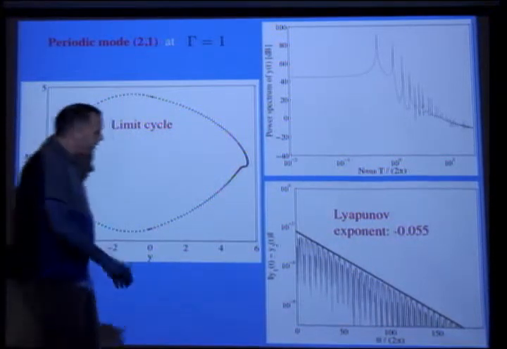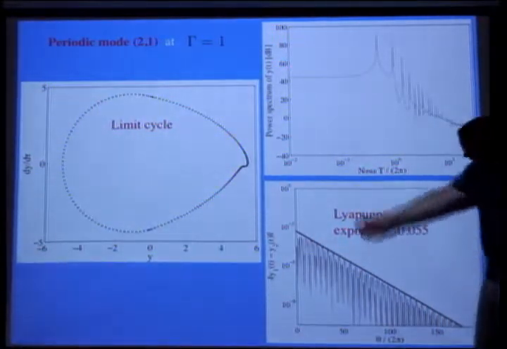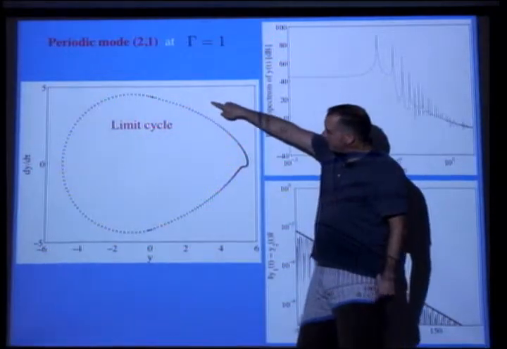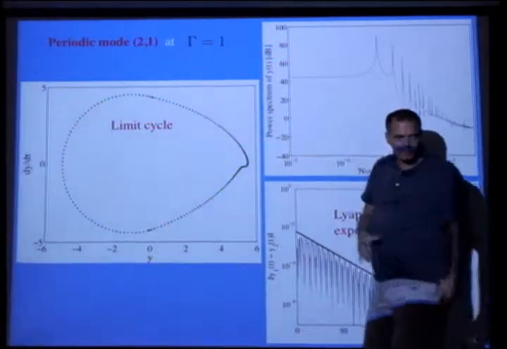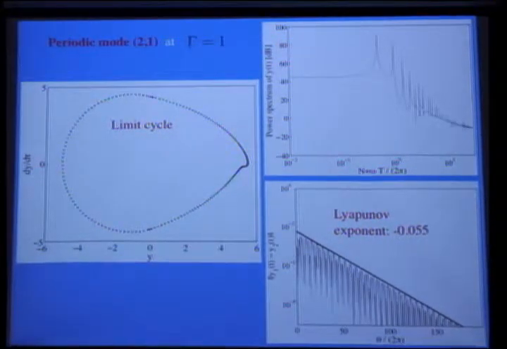If you look at the power spectrum, it's sparse, and you have a negative Lyapunov exponent. What that says is if you start somewhere off this curve, you'll soon fall onto it. The Lyapunov exponent gives an indication of how quickly you converge to a limit cycle or diverge. And if it's chaotic, you're going to get a positive Lyapunov exponent.